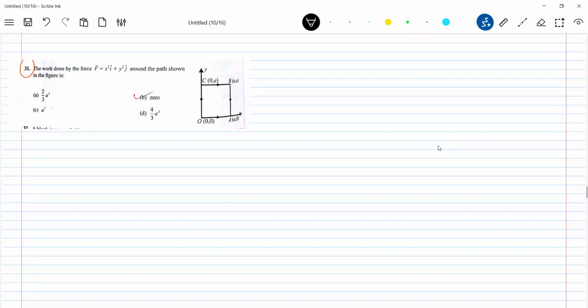So first we'll do one thing. Work done by the force along the path OA. It should be equal to what? F bar dot dx i cap. What should be the limit? 0 comma a. So this will be x square i cap plus y square j cap dot dx i cap, from 0 to a.